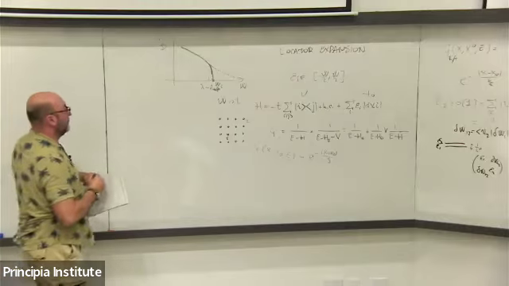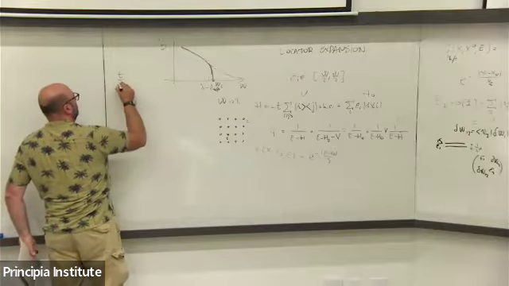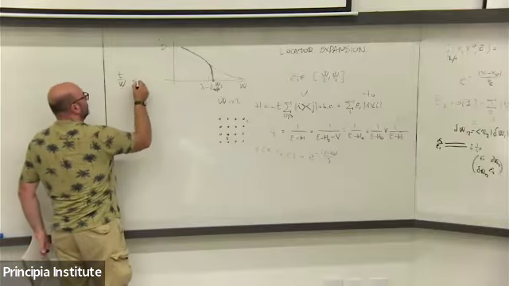Perturbation theory, T over W on the lattice. T over W is assumed to be a small parameter.